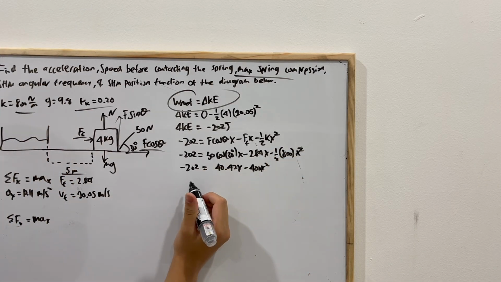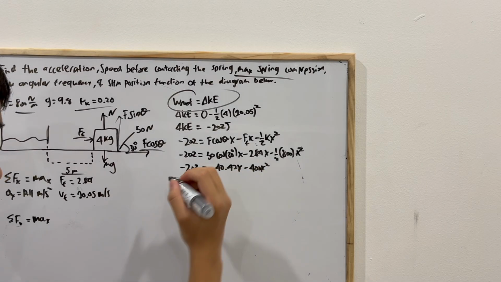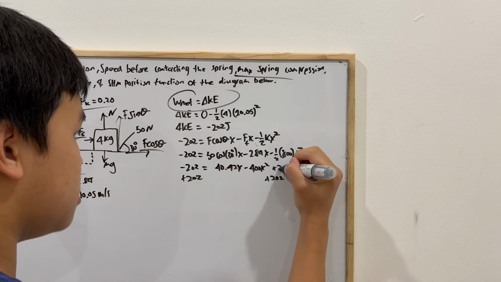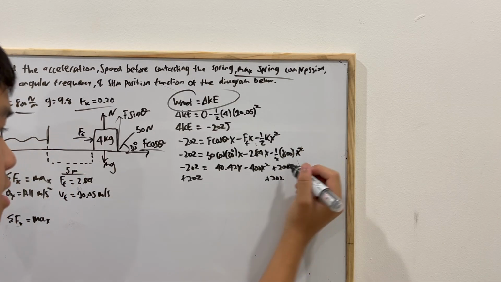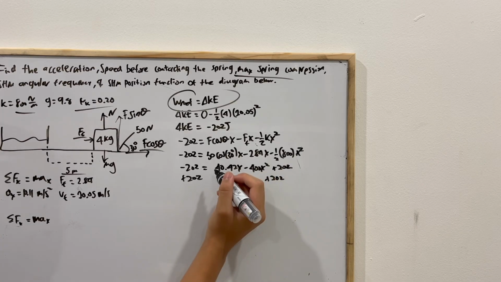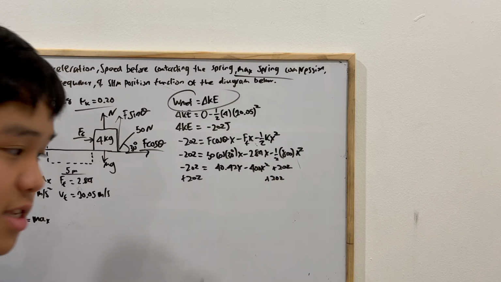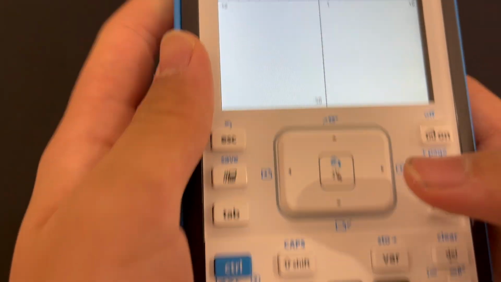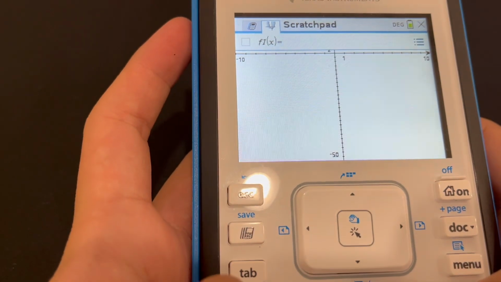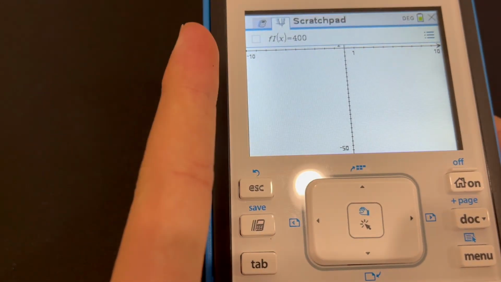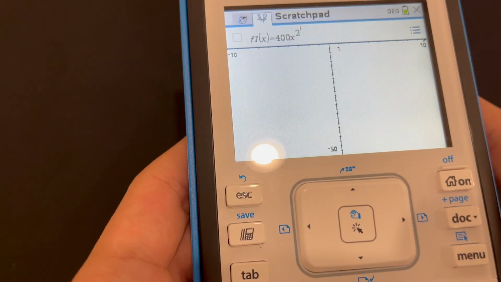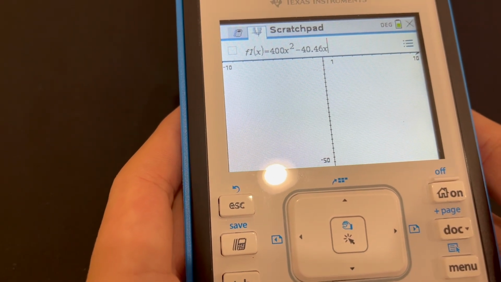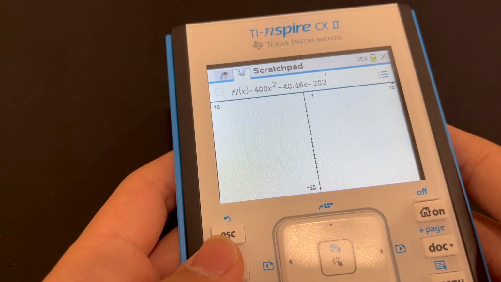What we notice here is that it is actually a quadratic equation, because if we add 202 on both sides, we can see that there is a c value, an a value, and a b value. To find x, we can graph this. Using the function we just got, we hit graph, entry, edit, and our function was 400x squared minus 40.46x minus 202, and that's going to equal 0 in the end.